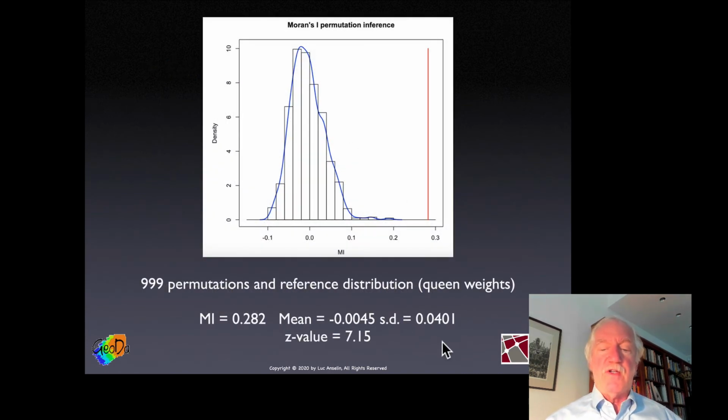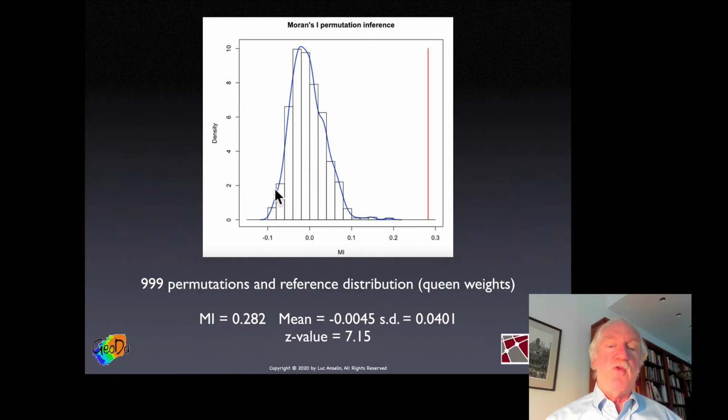And then we have our standard deviation and our empirical, if you wish, z-value, again, highly significant. You don't actually have to compute a z-value because you can see here is our actual Moran's I of 0.282, and this is the distribution of the 999 empirically based Moran's I, the largest of which was not higher than 0.2.